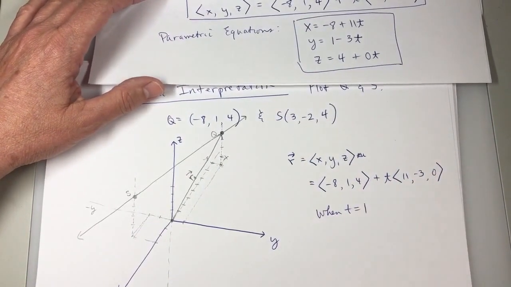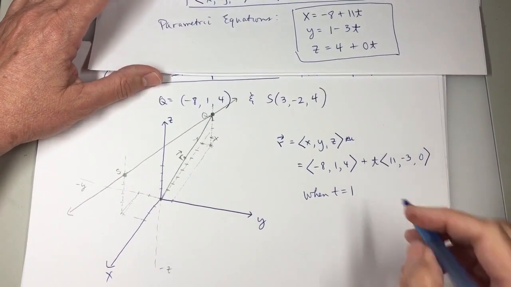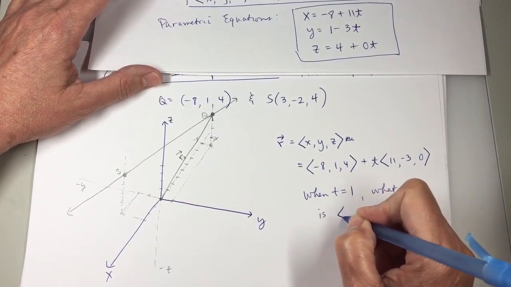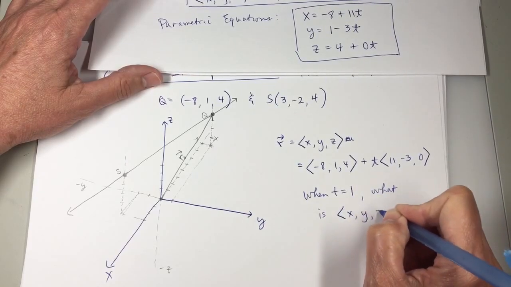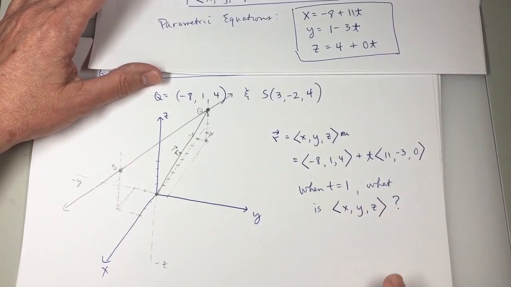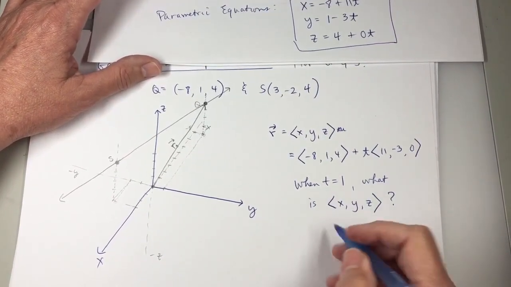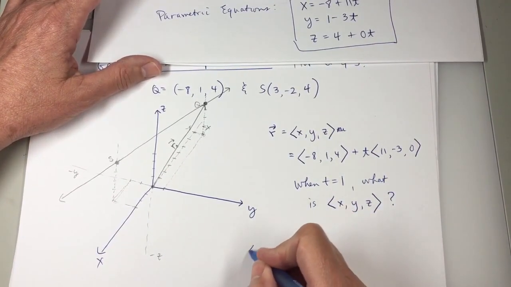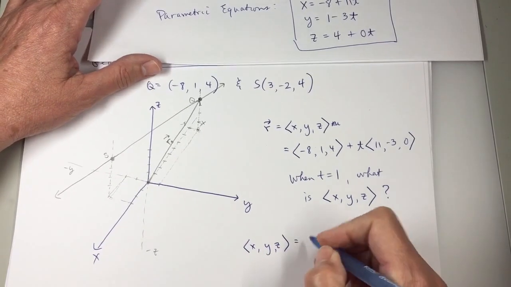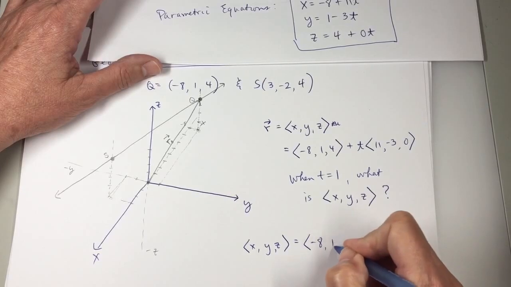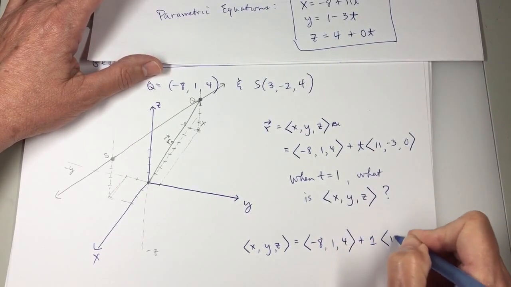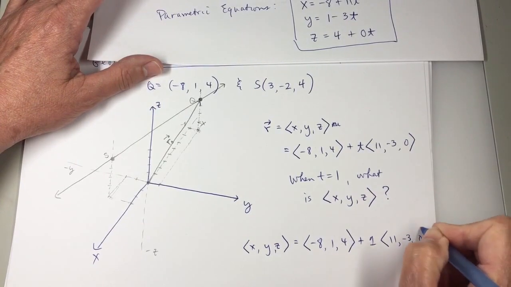When t equals 1, what is vector x, y, z? If I plug in 1 for t, it would be this. x, y, z would be -8, 1, 4 plus 1 times 11, -3, 0.